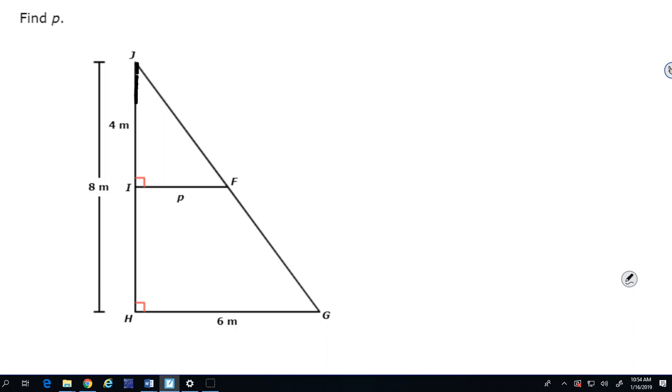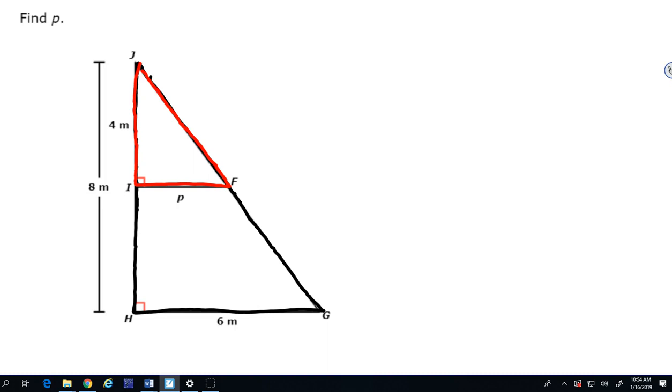And then I'm going to show you what I mean by two triangles. So basically, it's one triangle inside of the other.